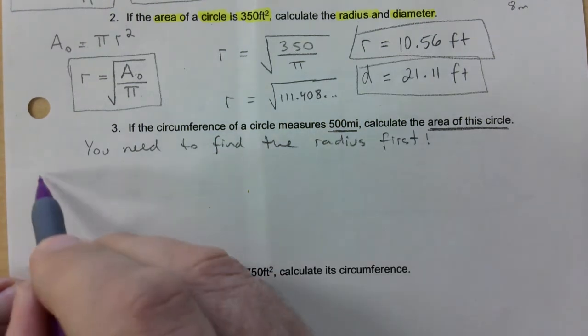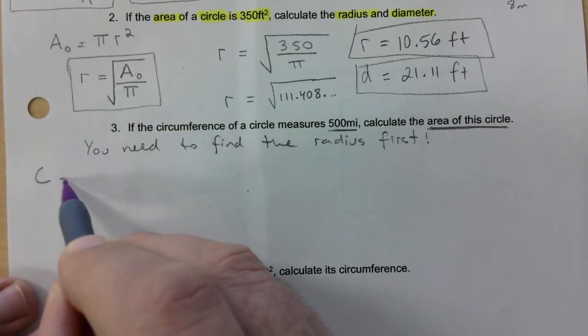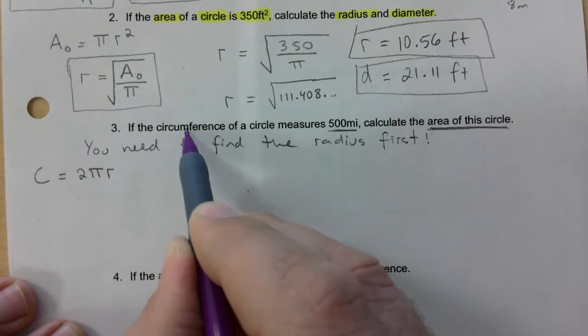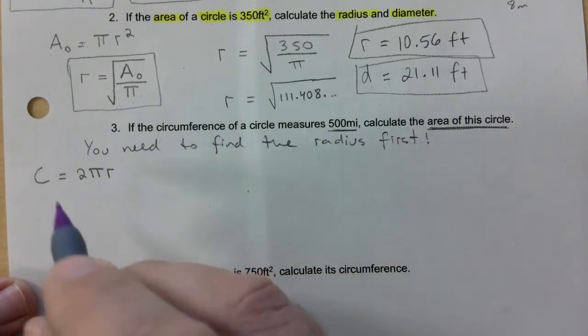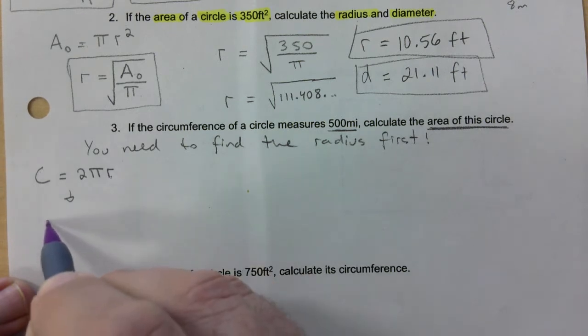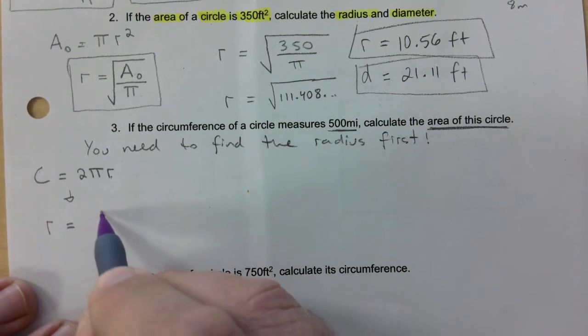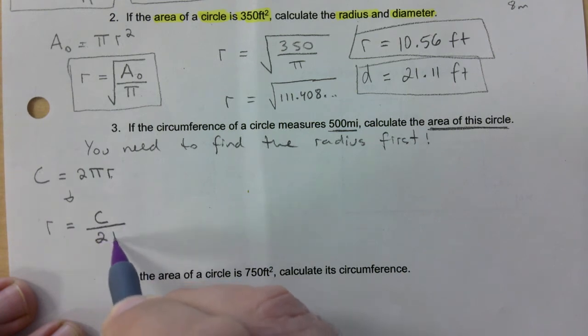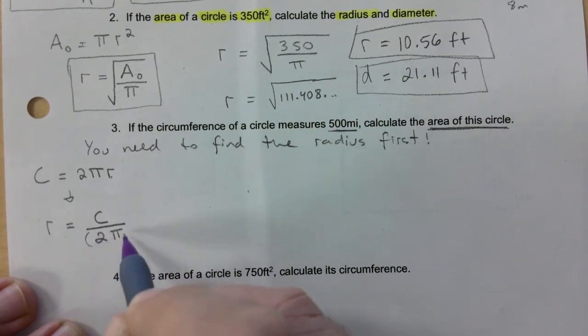Here I'm going to give you something else. The circumference is 2 pi r, because they're giving you the circumference, not the radius. From that, you can derive that to get the radius, you would have to take the circumference and divide it by 2 pi. But this has to be in brackets.